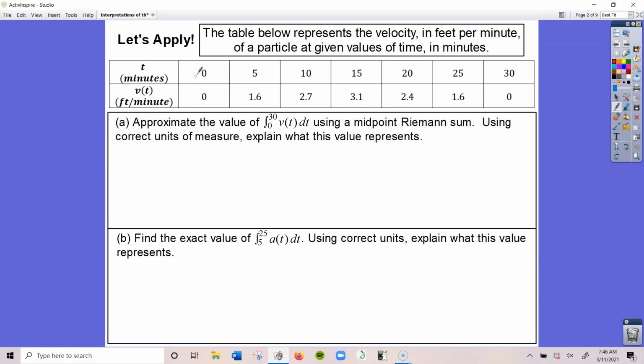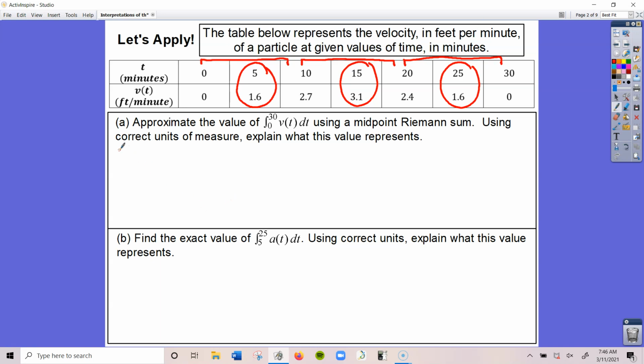If we're going to use a midpoint Riemann sum, each interval has to have a midpoint in between. So I would go from 0 to 10, 10 to 20, and 20 to 30, so that I can use the midpoints, which are located at 5, 15, and 25.